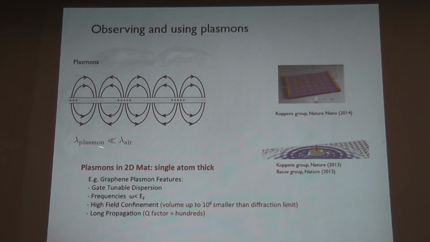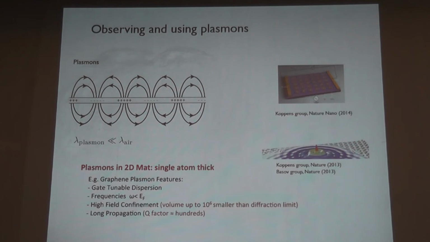So the plasmon wavelength can be much smaller than the wavelength of light at the same frequency in, say, vacuum. And as a result, you can confine light to a very small mode volume and then hopefully propagate and manipulate it on chip.